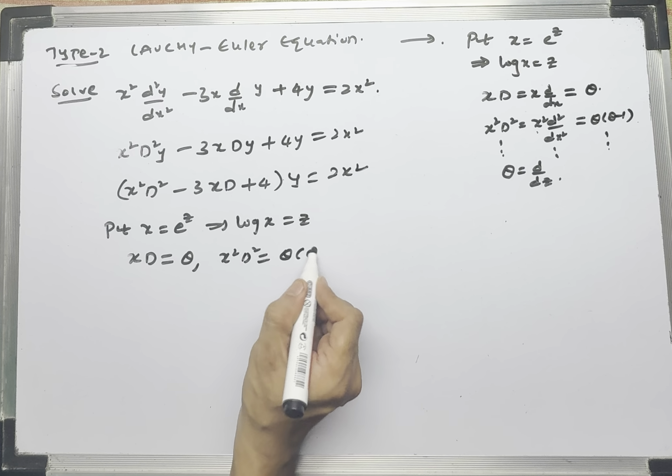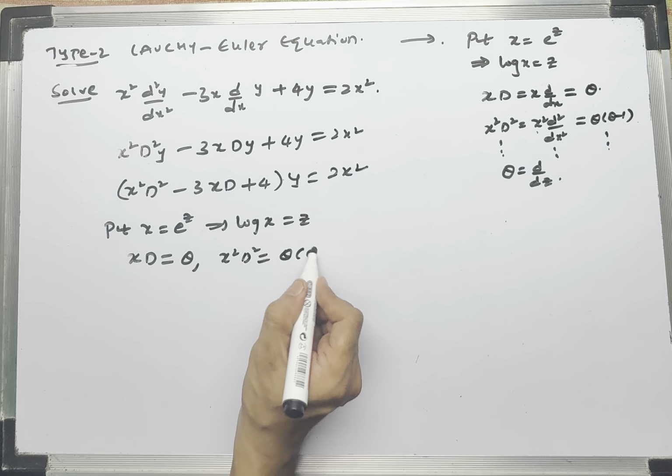Put x equals e power z. This implies if you apply log, this is z equals log x. Then theta, x square D square equals theta into theta minus 1, xD is equal to theta. So theta into theta minus 1 minus 3 theta minus 5 into y equals sine log x, that is sine z.